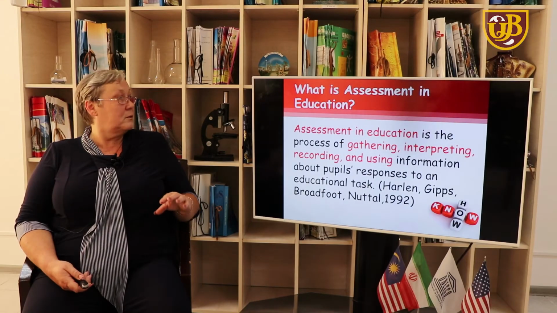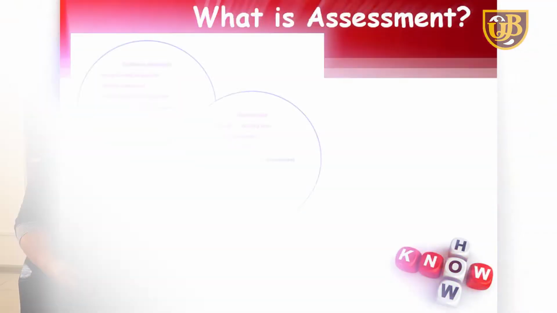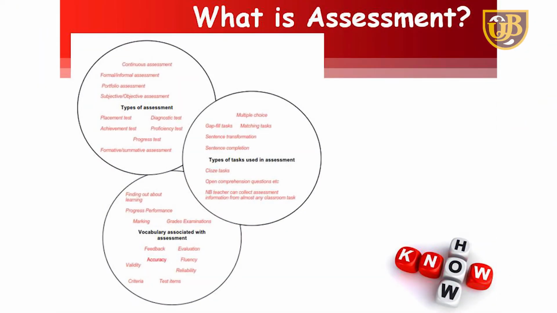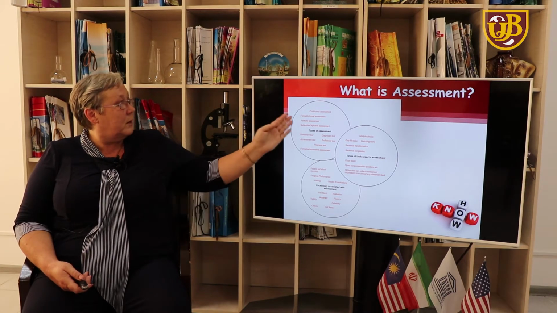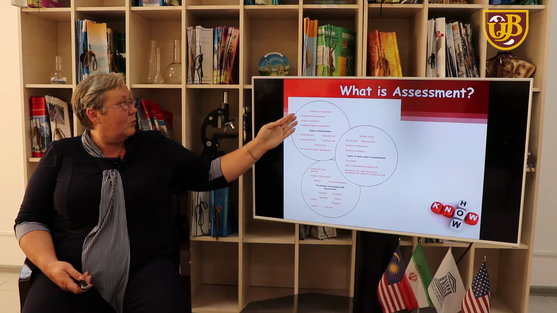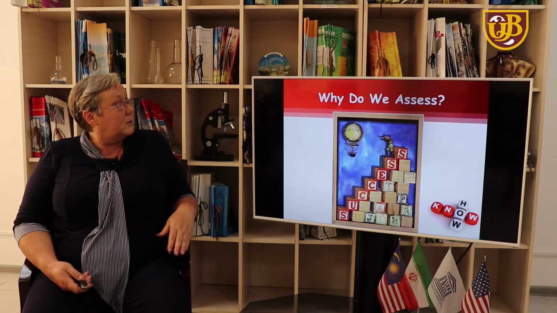That is a definition given by Harlen, Gibbs, Broadfoot, et al. in 1992. So we have the diagram of different types of assessment: continuous assessment, formal, informal, portfolio, subjective, objective, placement test, and so on.